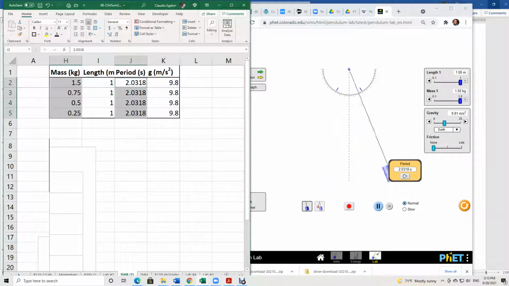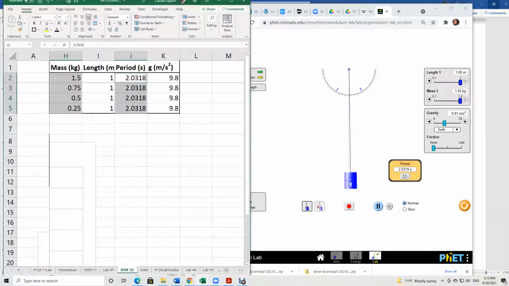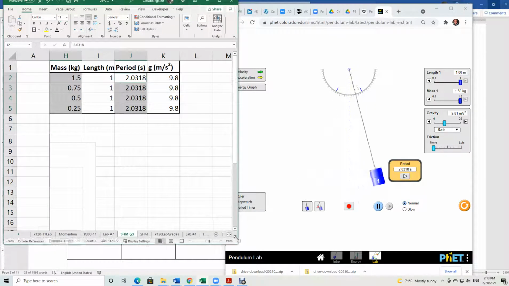In real life, you're going to see a little bit of a variation here, but nothing that is important enough to justify the conclusion that the period depends on the mass.